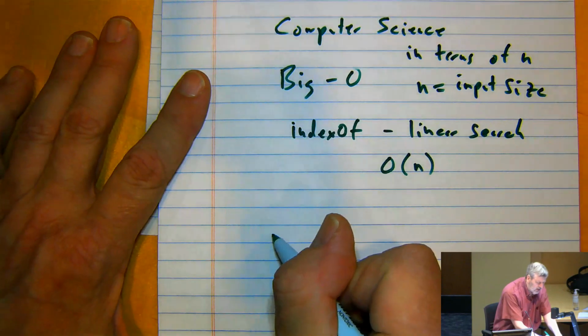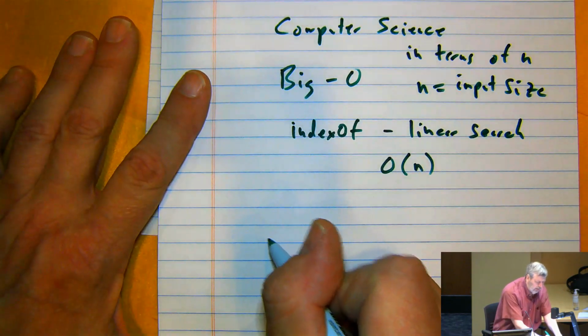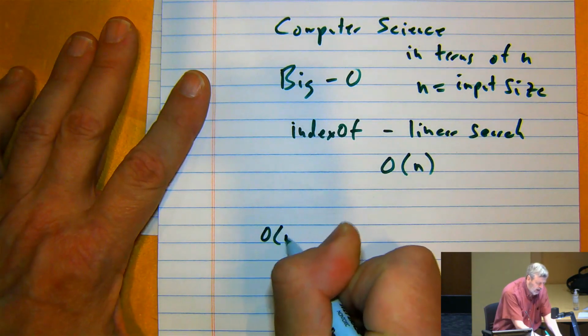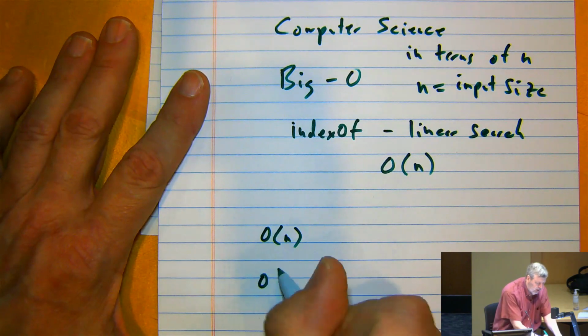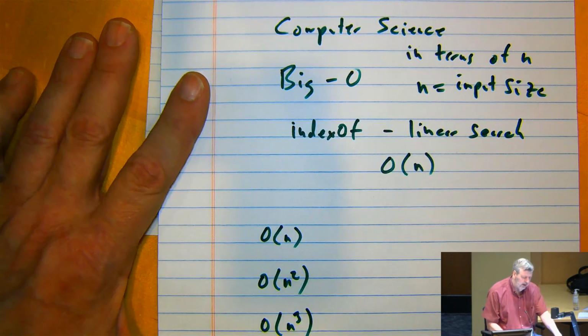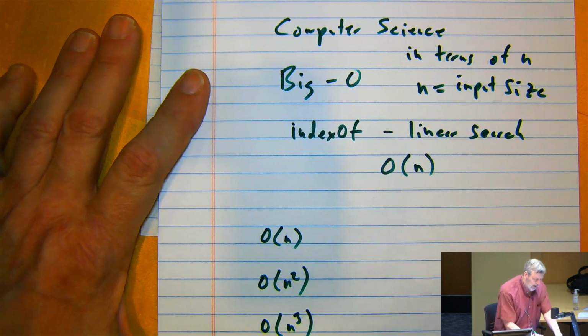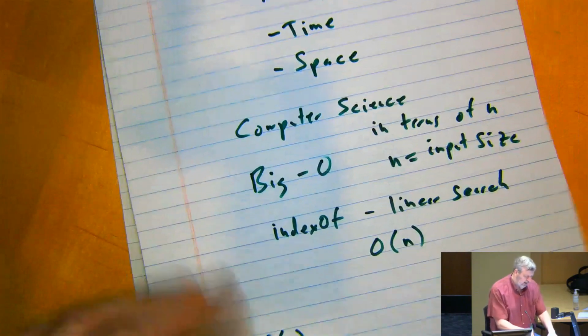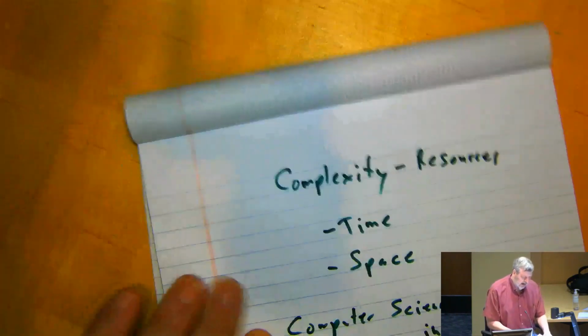So imagine, for example, that we had an O of n algorithm versus an O of n squared algorithm versus an O of n cubed algorithm. I wanted to draw that across instead of down, so let me do that on the next piece of paper.